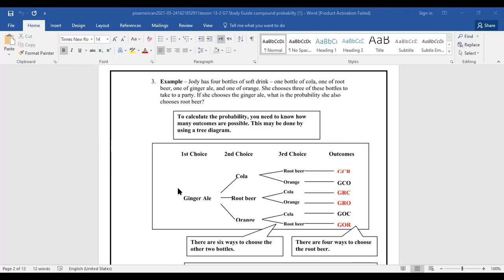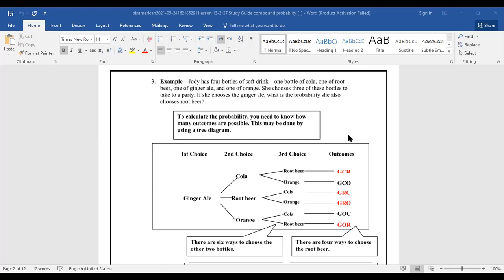So how will we find the answer for all? We said the first choice. You can make another chart here. If someone wants to start with cola, we are going to flip, so we will put ginger ale instead of cola, and then we will continue the same chart. So by the end, how many ways to choose from the other 2 bottles?